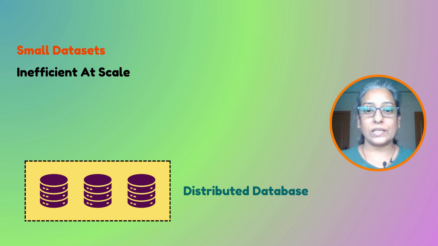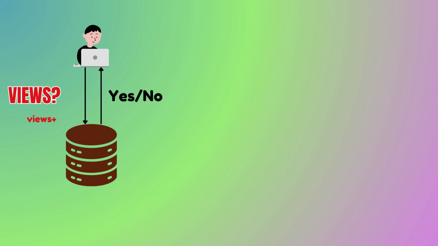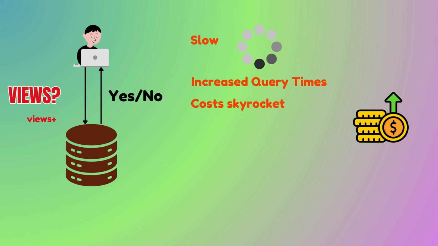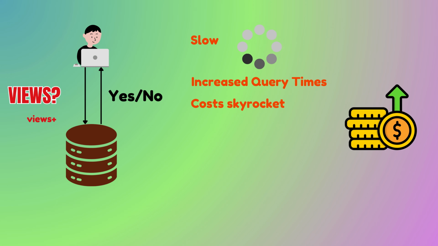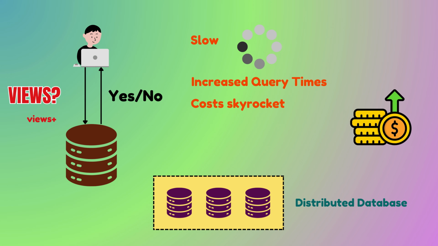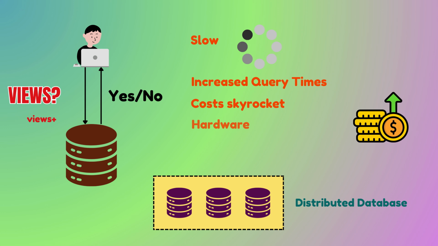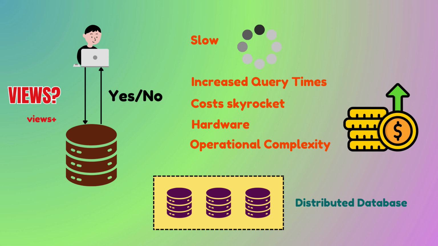But as the data grows to millions or billions of rows, it becomes a performance bottleneck. The database starts to slow down and query times increase. Costs skyrocket as scaling the database becomes expensive, both in terms of hardware and operational complexity.